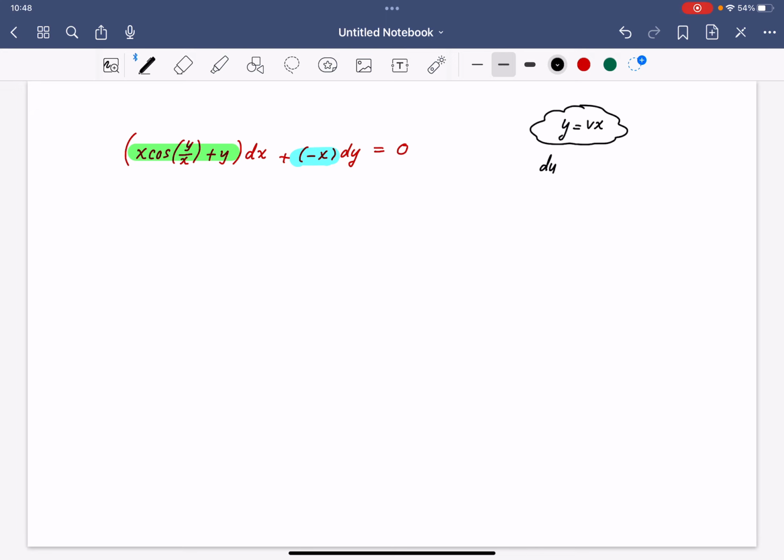Remember, this is the same thing as dy equal to v dx plus x dv. Same thing, we're going to turn everything into x and v now.